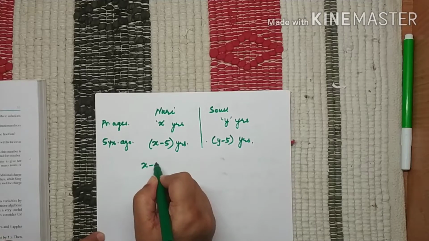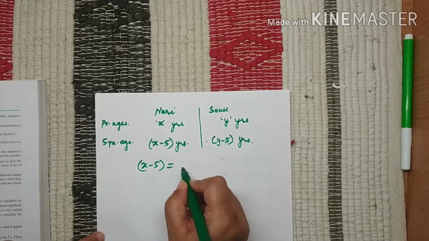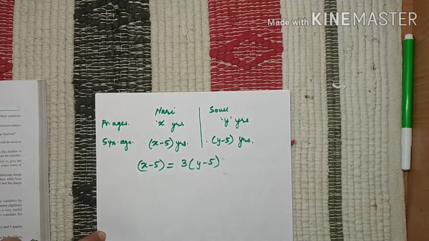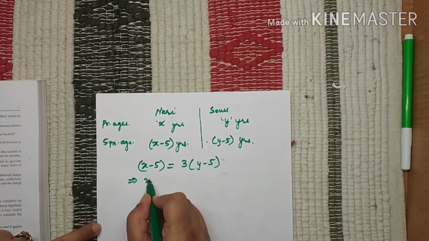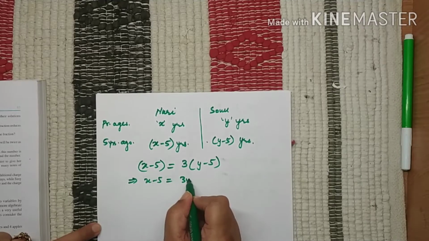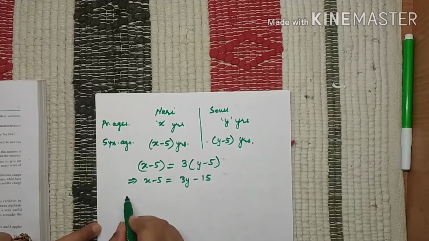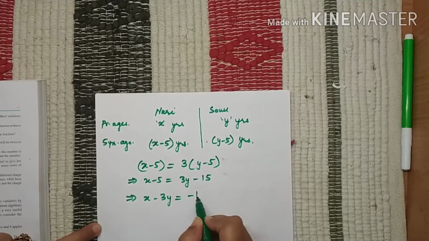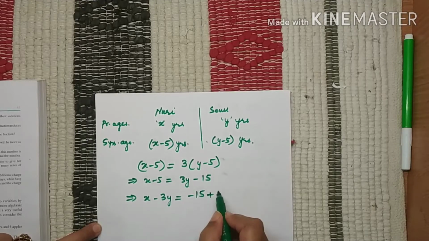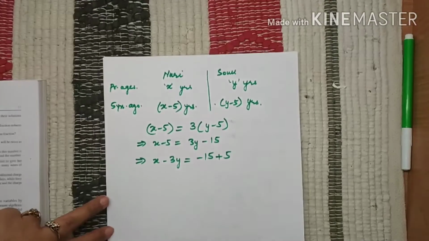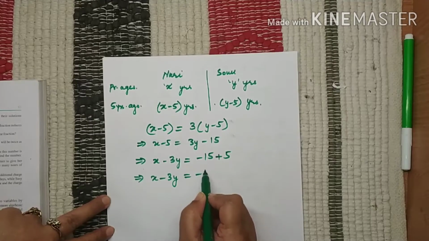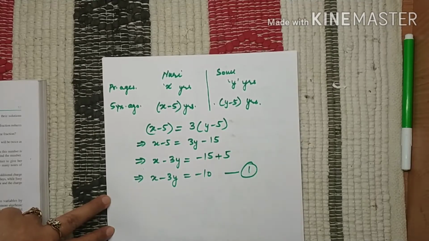He says Noori was thrice as old as Sonu, so 3 times Sonu's age. So I get x minus 5 is equal to 3y minus 15, which gives me x minus 3y is equal to minus 15 plus 5. So this gives me x minus 3y equal to minus 10. This is the first equation.